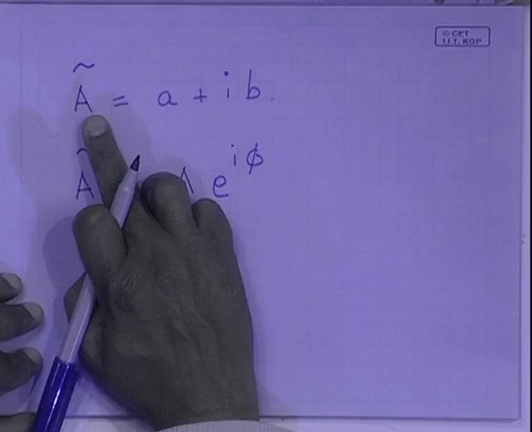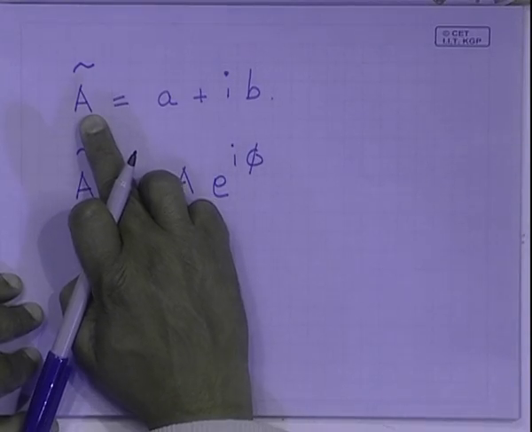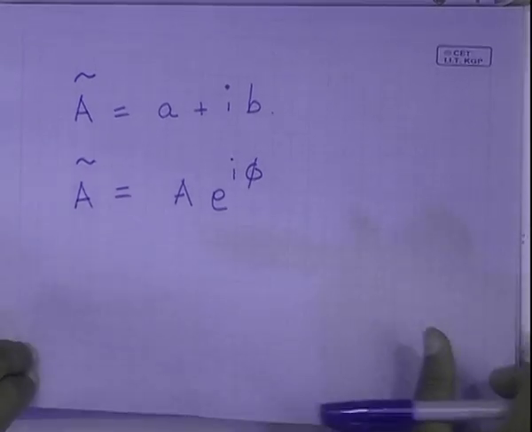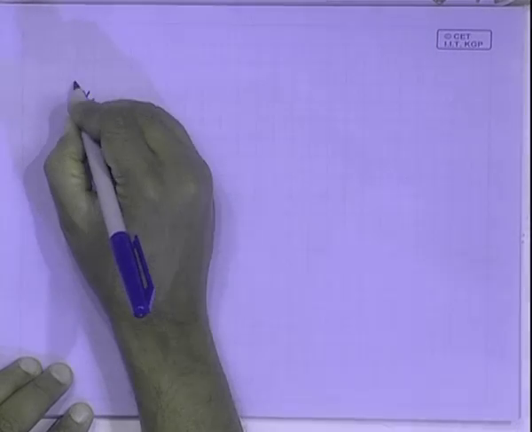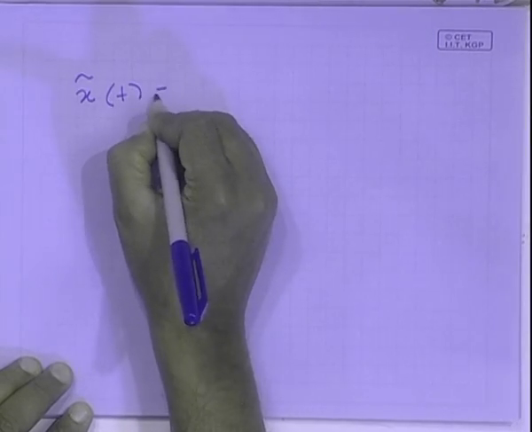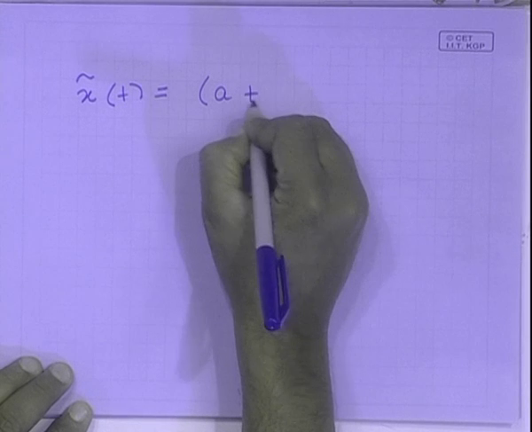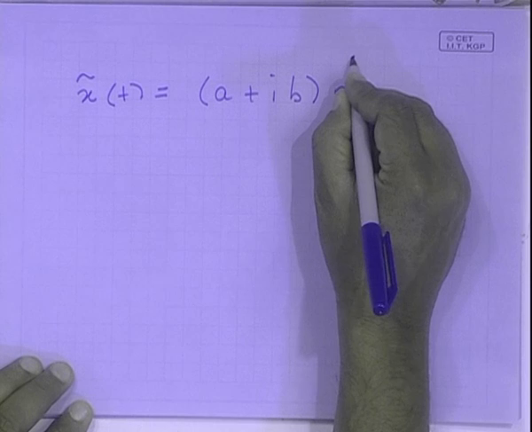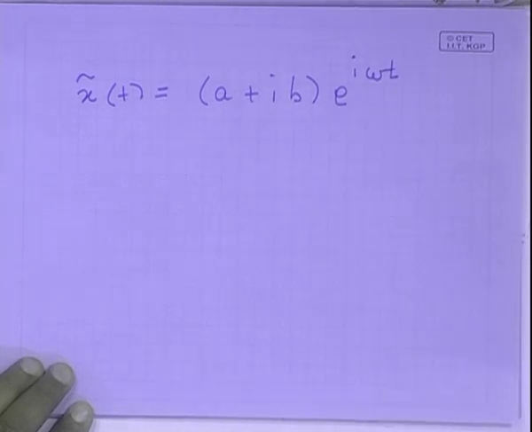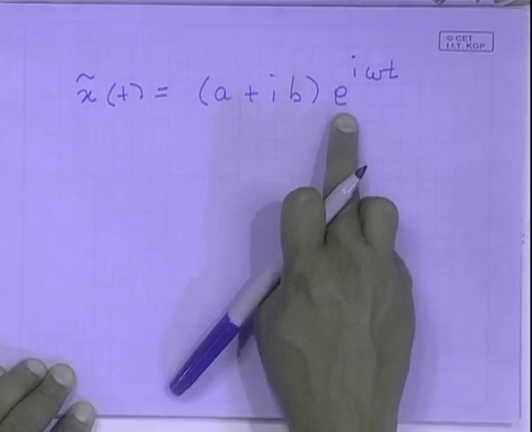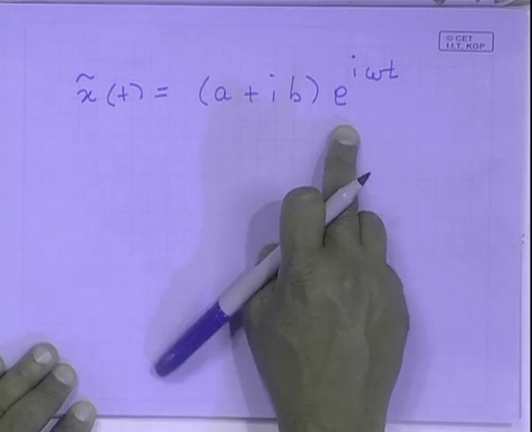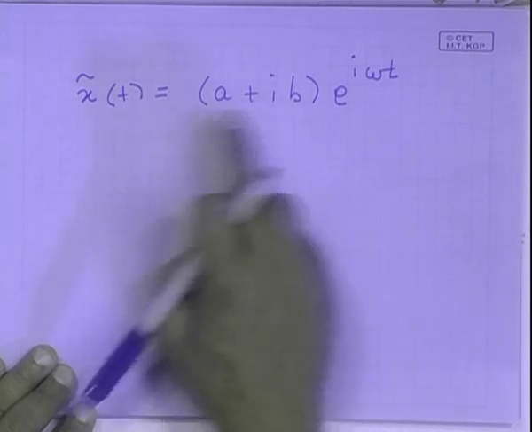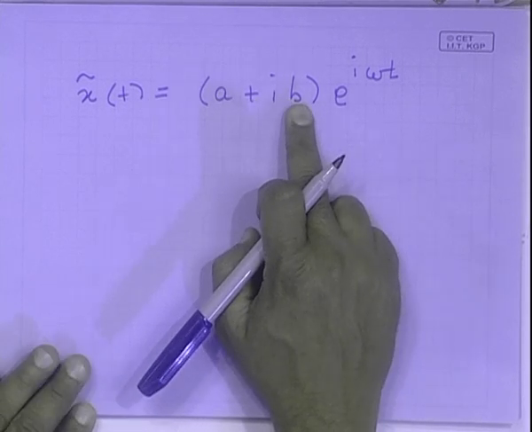So, putting this expression for the complex amplitude A tilde in the expression for x of t, we have A plus iB. Now at t equal to 0, e to the power i omega t is 1. So, x is A plus iB.